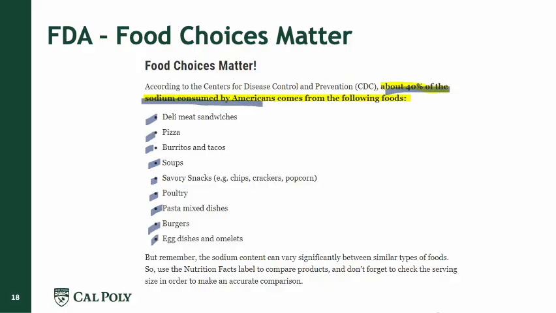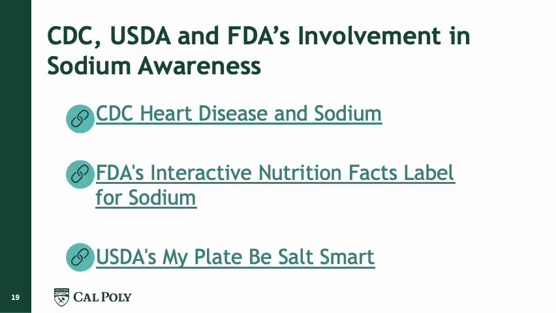So it's very important to consider the diet we have, and also to read the label to make sure that we are following the guidelines and that we are keeping our salt consumption to the recommended daily value, or less if possible.